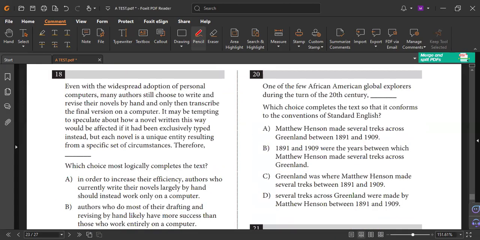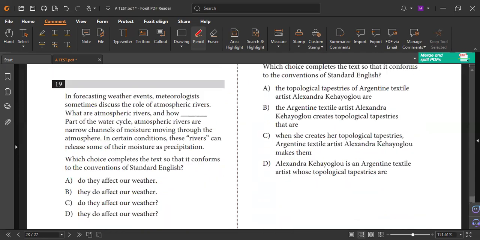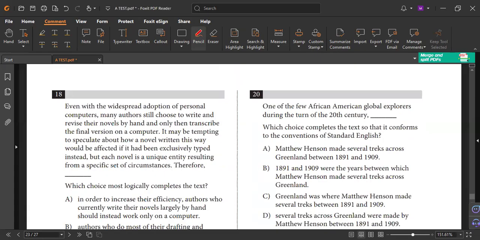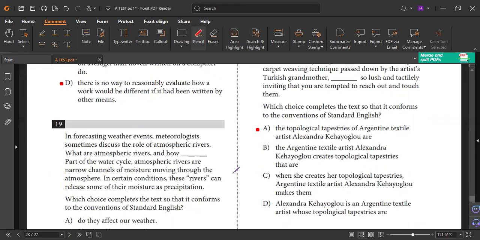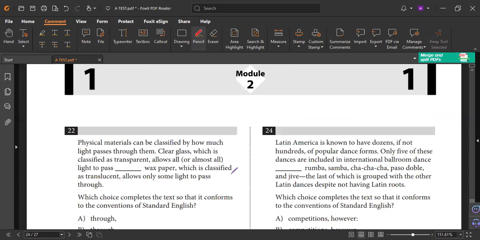18 is D. 18, D, and it is correct. 19 is C. 19, it is letter C, correct. 20, it's A. 20, it's A, correct. 21, it's A. 21 is letter A, correct. 22.